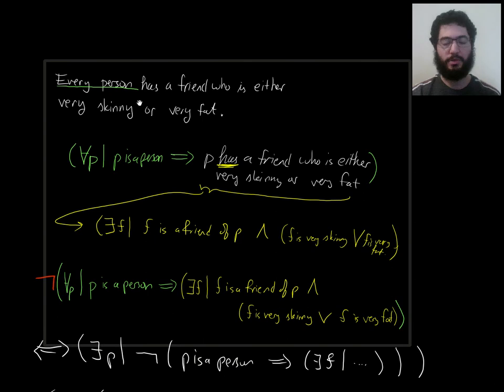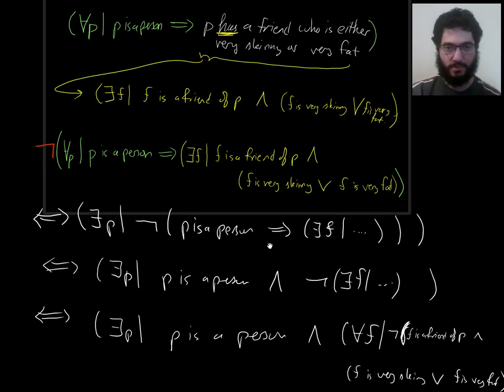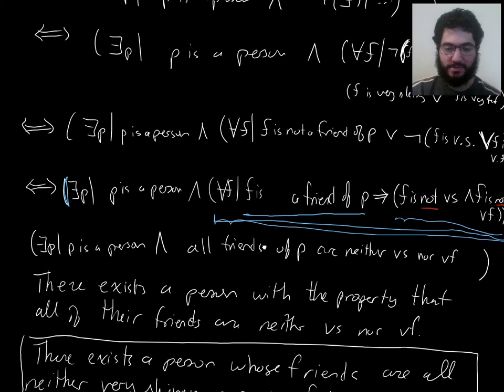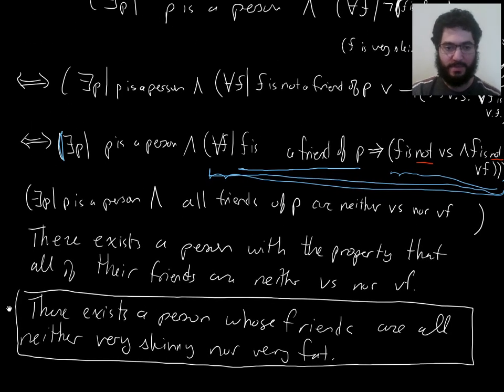So if someone goes up to you and says, hey, every person has a friend who is either very skinny or very fat, then what would be the exact opposite of what they're saying? What would be the negation? Or what would make them out to be a liar? What would you have to establish to make them out to be a liar? You'd have to establish that there is in fact a person whose friends are all neither very skinny nor very fat.